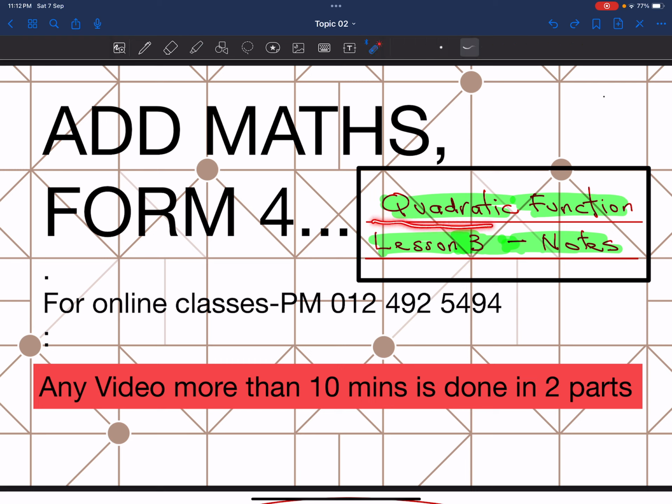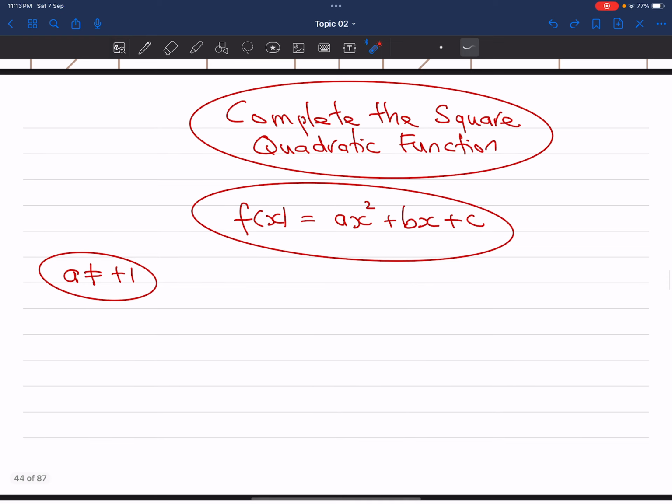Today's lesson, again, quadratic function. Lesson 3, we continue the notes. It is completing the square for quadratic function when the a is not positive 1. On the previous lesson, I completed the square when the a was positive 1.